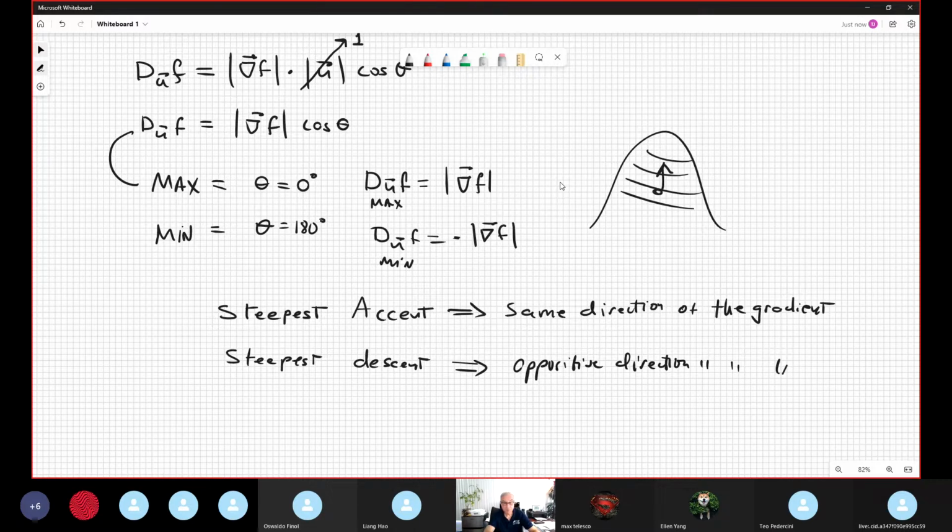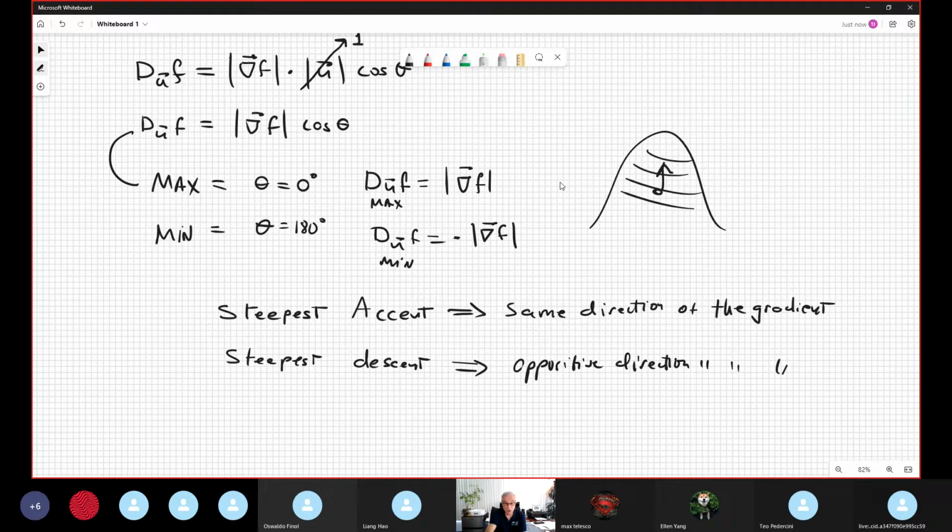Now, I discovered something. I discovered another important property of the gradient. The gradient also indicates the maximum directional derivative. So the gradient is a vector, and the arrow of this vector indicates the direction in which the function is increasing faster, and the opposite direction is descending.